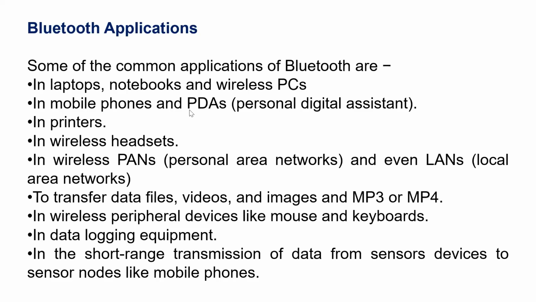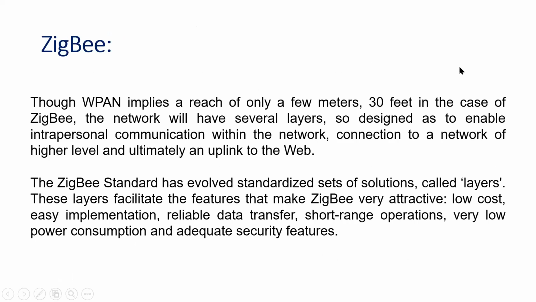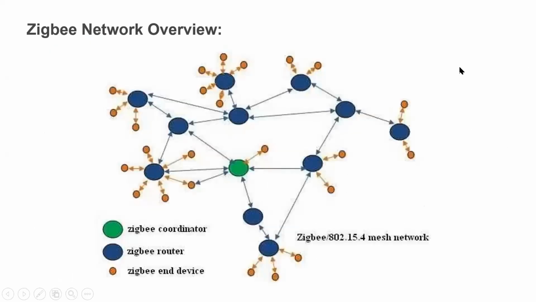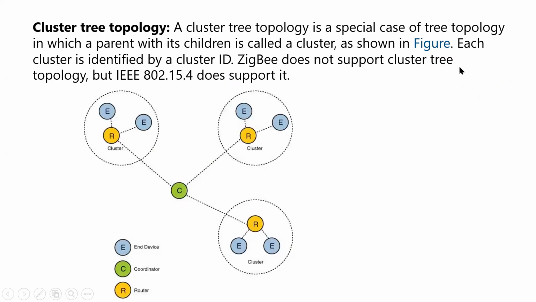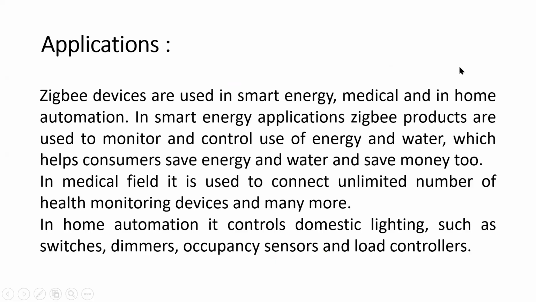Okay, but a special type of short range communication is used for sensors, and it is called Zigbee. We are going to study Zigbee later, in the next lecture. Now here we are completing Bluetooth, and let us now go to a smaller part because less time is there.